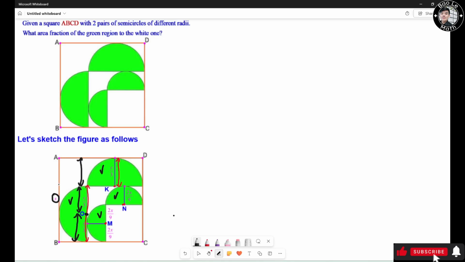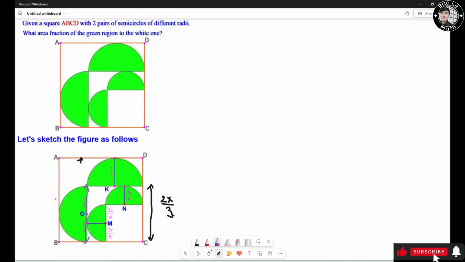Does that mean each of them should be s over 3? So the radius of this semicircle is s over 3, and this one is s over 3, this one s over 3. Now the distance from here to here is going to be 2s over 3, the same thing as the diameter of this one.